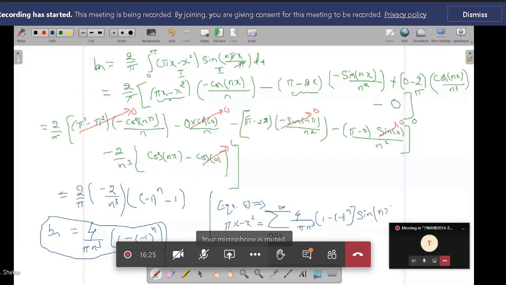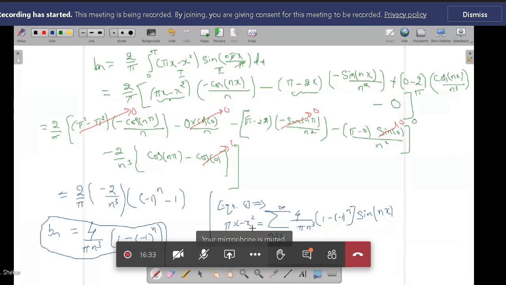So pi gets cancelled. So this is the half range Fourier sine series, half range sine series for the function pi x minus x square in the interval 0 to pi.